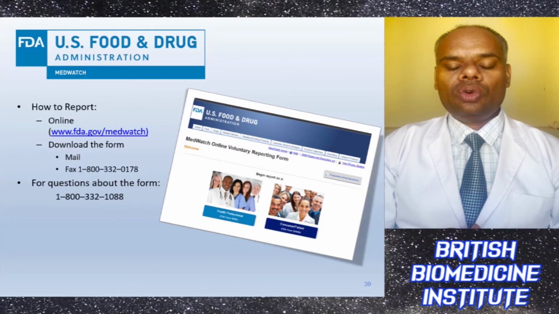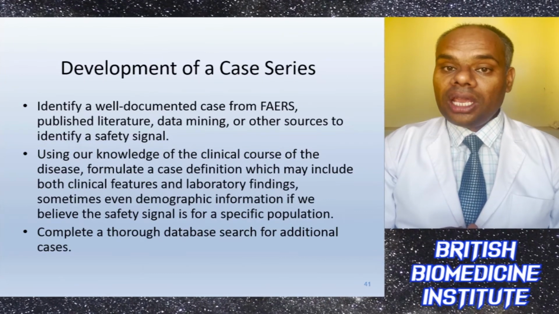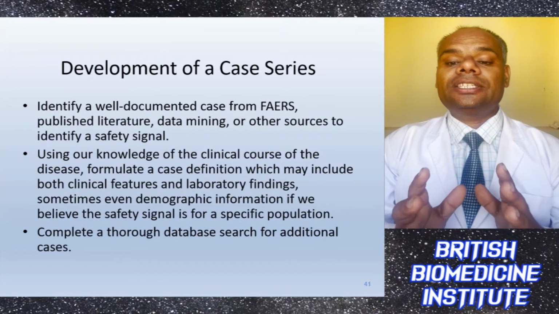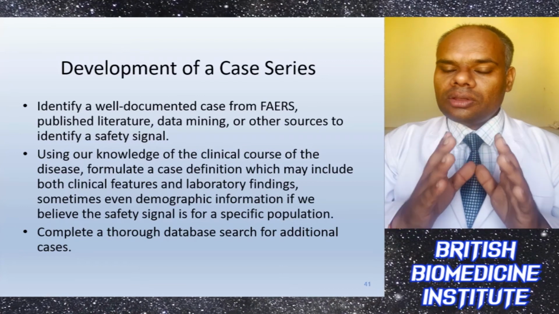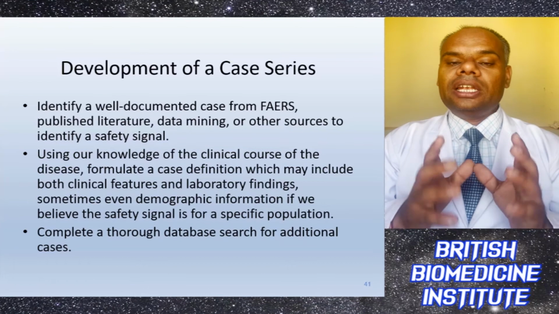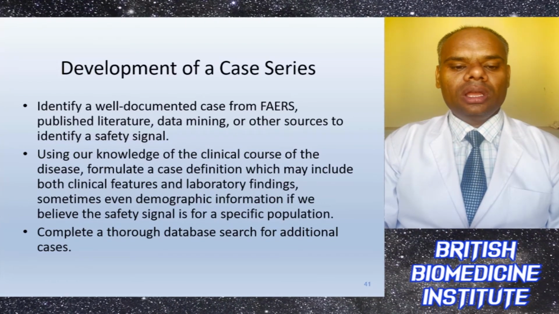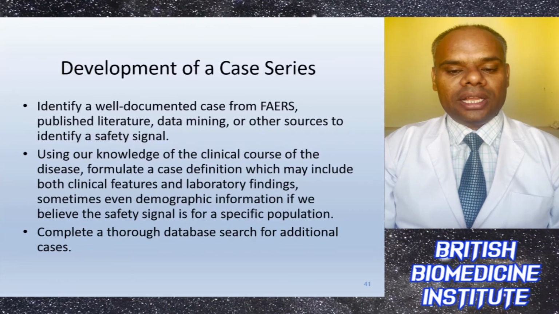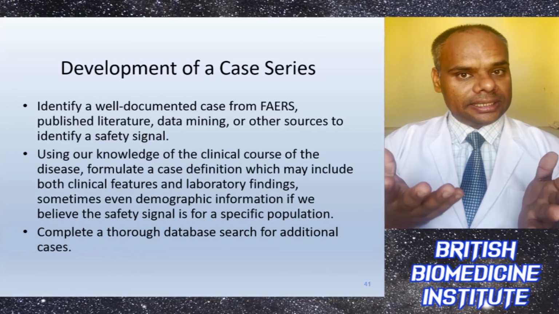Under the development of a case series, basically we have to identify a well-documented case in FAERS. We can also use published literature, data mining, or other sources to identify safety signals. We can also use our knowledge of the clinical course of the disease.